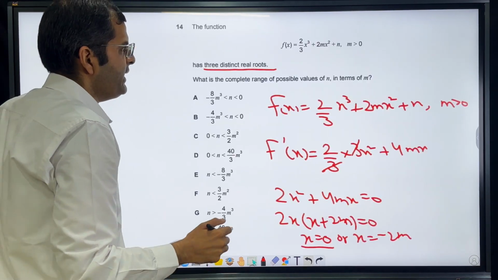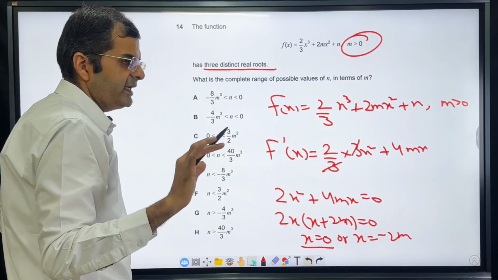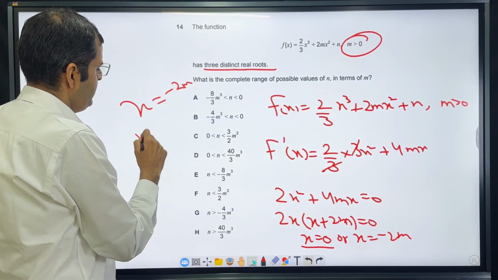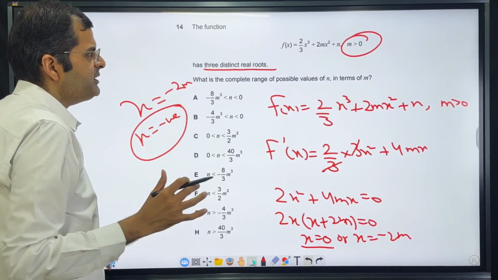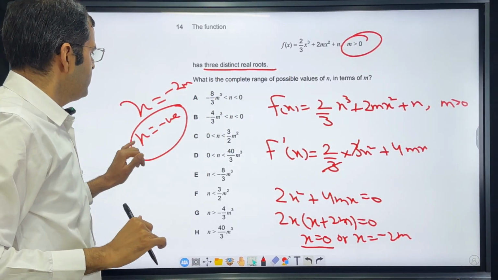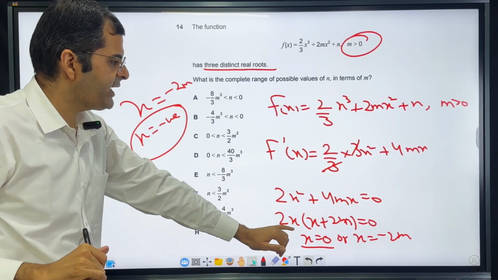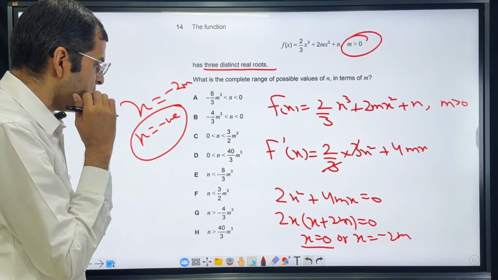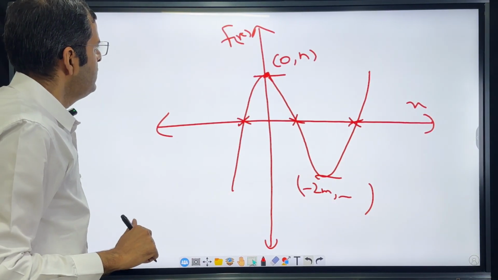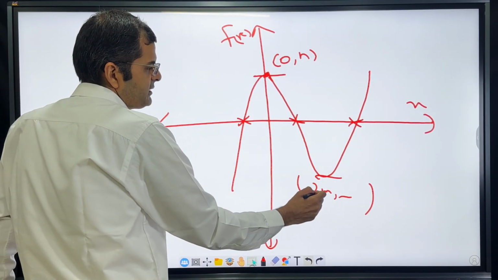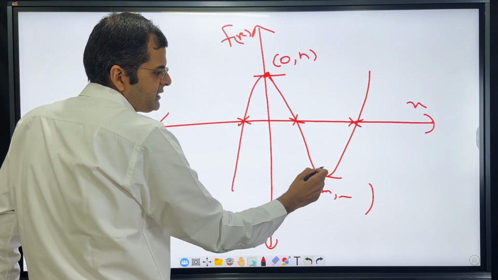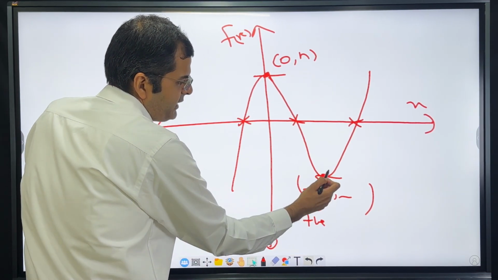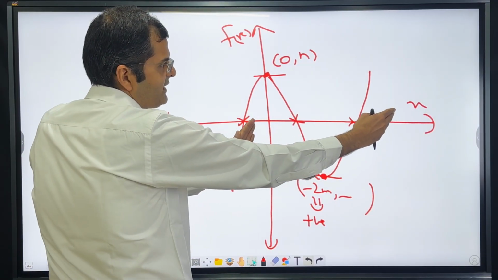I know that m is greater than 0. It has been given m is greater than 0. So when I say x equal to minus 2m, then x has to be negative because m is positive. That means x becomes negative at the second point where the graph is taking a turn. In this scenario, x is minus 2m is coming out to be positive because the x coordinate of this point is on the right hand side of y axis.